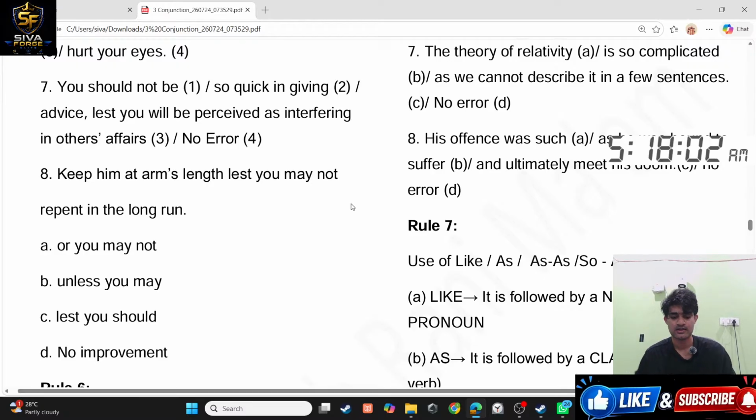Before that, let's revise. I want to revise a few things like mathematics, tables, squares and cubes. Let's do that. You can mute me if you feel disturbance, and you can also study tables.